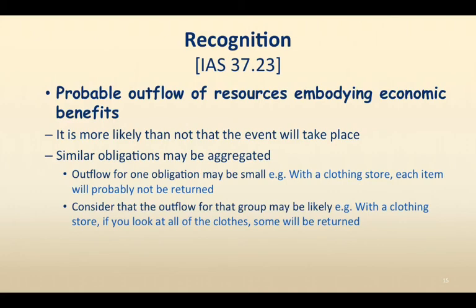We will talk later about it. A store has a policy that customers can bring back their clothes in a certain amount of time, and then they will get their money back. But it's not to say that each item will be returned, but some of the clothes might be, and therefore you group them together.